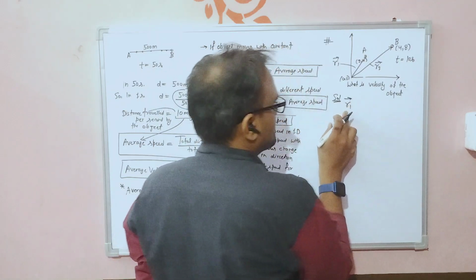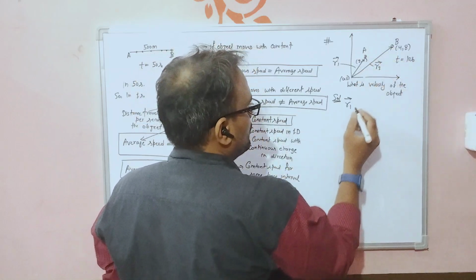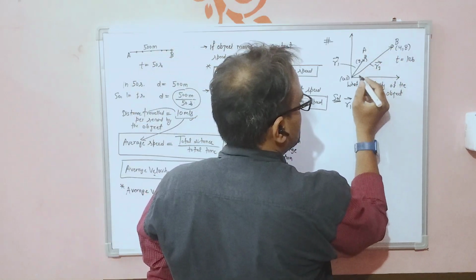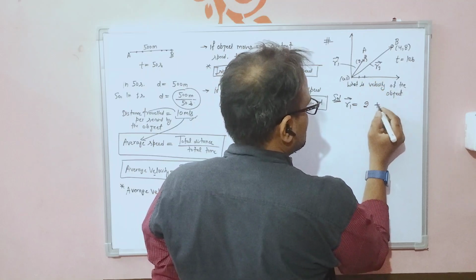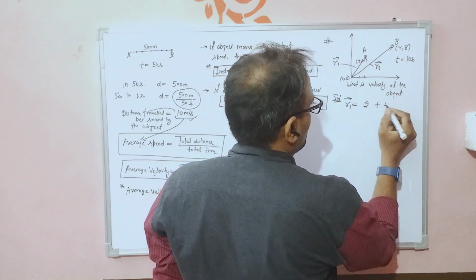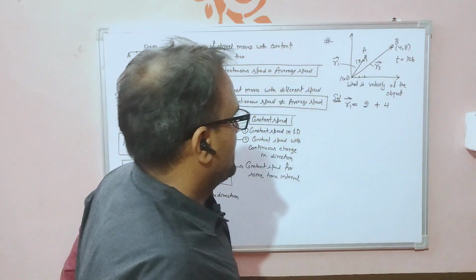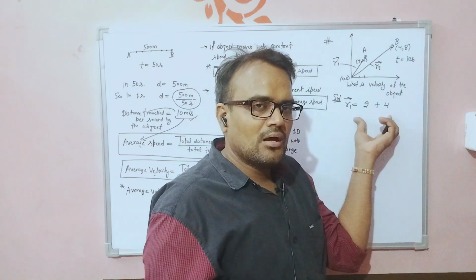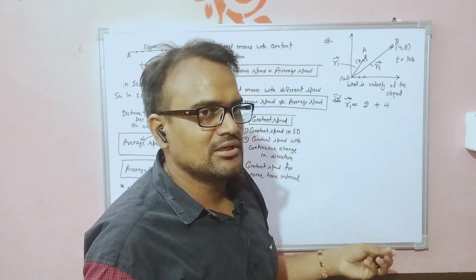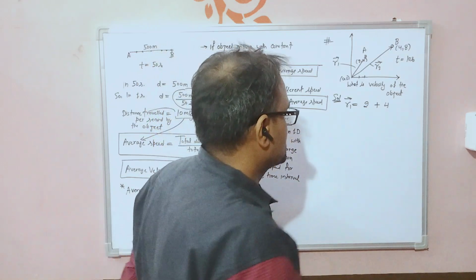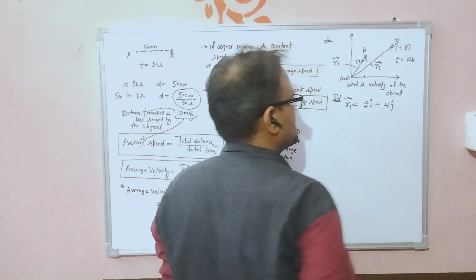Here, this is the position vector corresponding to point A. For this, I will write down the position coordinate along the x-axis, this is 2, plus the position coordinate along the y-axis, which is 4 over here, right? Now I need to include something which can tell me which coordinate is along which axis. For this I am using i cap and j cap.